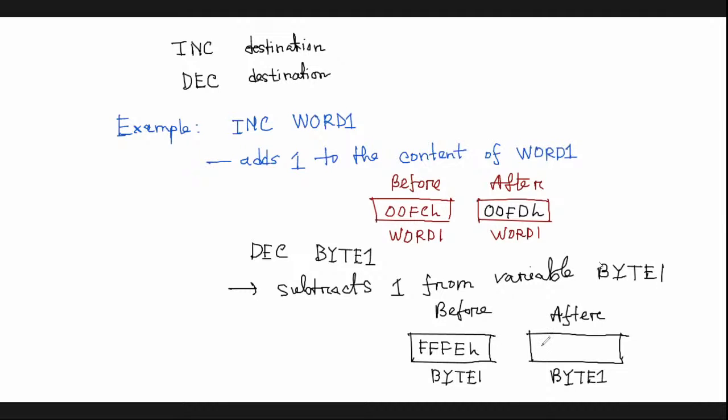FD. Simple. FFFD. That is the after content. Okay, so increment and decrement operation over. That is all about increment and decrement operation. If you want to study from a book, you can always study.